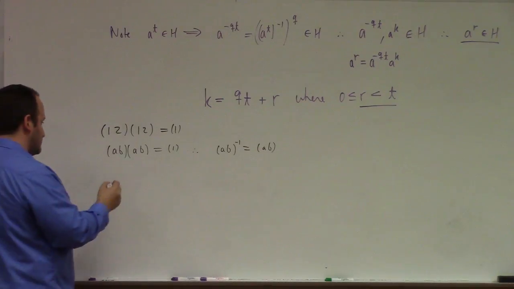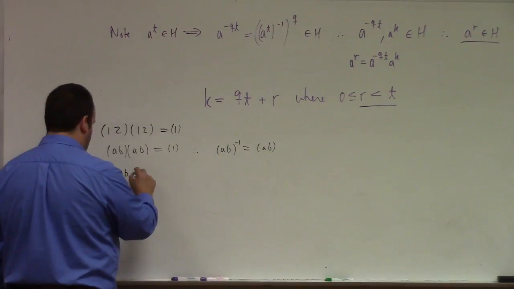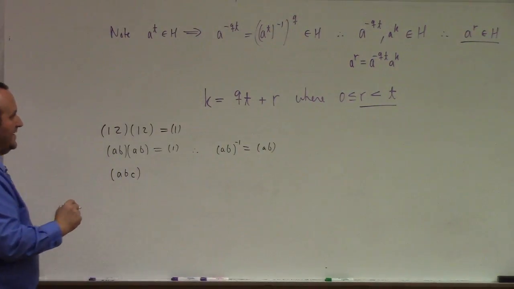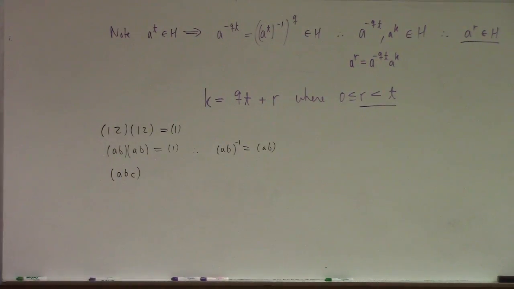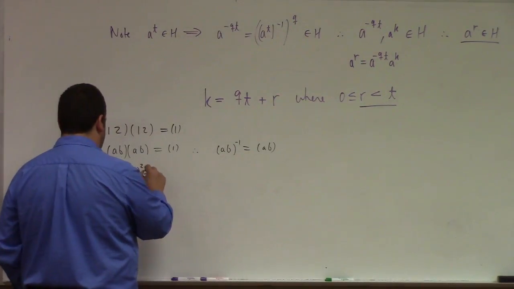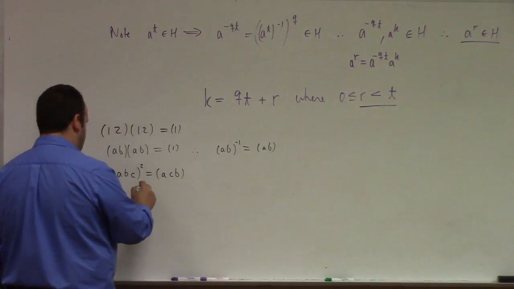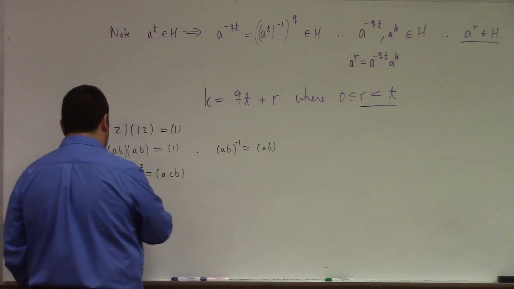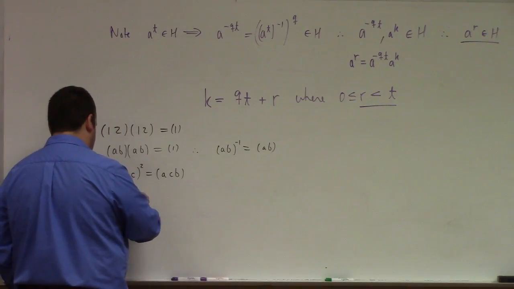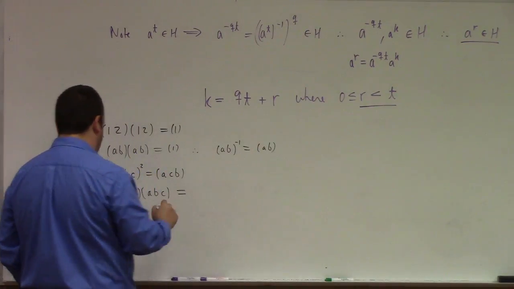But how about for a 3-cycle? Oh man, I shouldn't have erased that. I think it was ACB. Was it? Yeah, so this squared was ACB? Okay. So that means ACB times ABC is what?